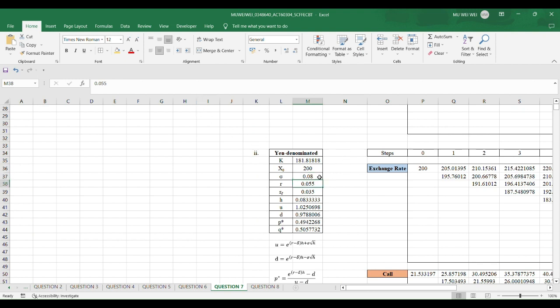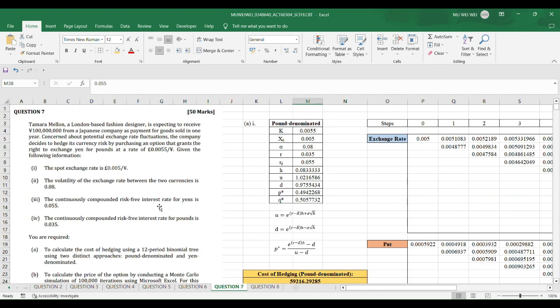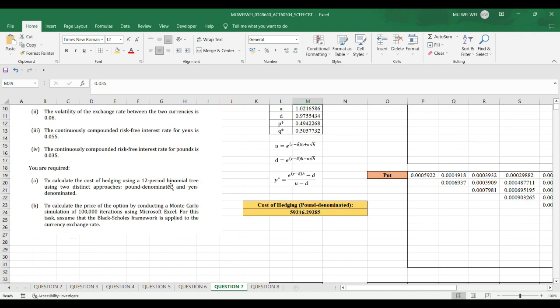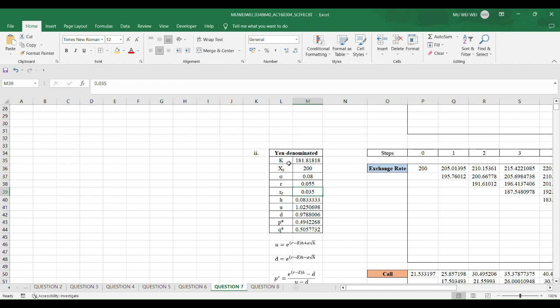And the risk-free interest rate, since it is yen denominated, the domestic currency will be the yen, while the foreign currency will be the pounds. So the domestic risk-free interest rate is the yen's, which is 0.055, while the foreign risk-free interest rate will be the pound's, which is 0.035.